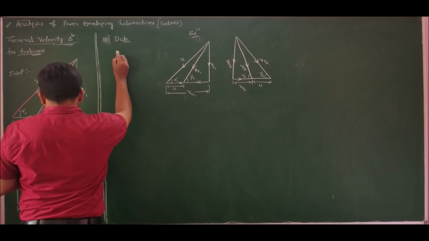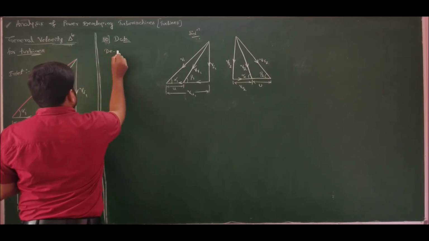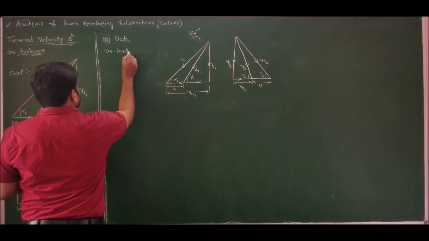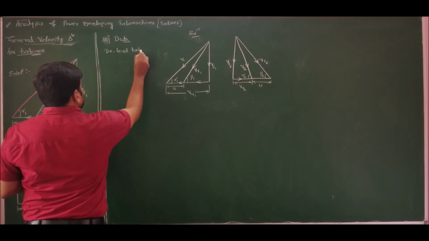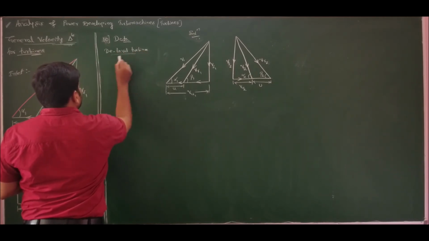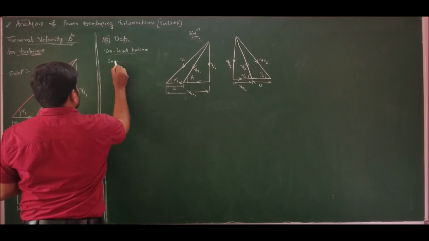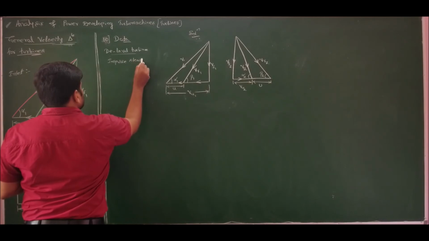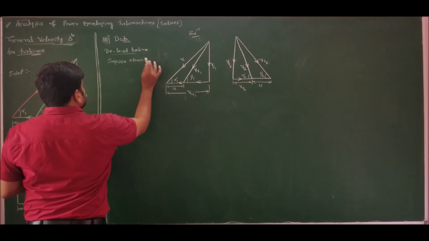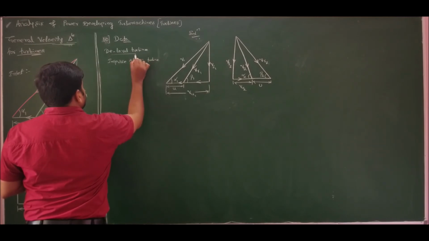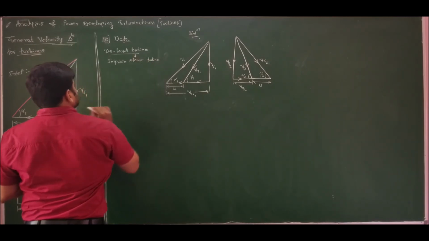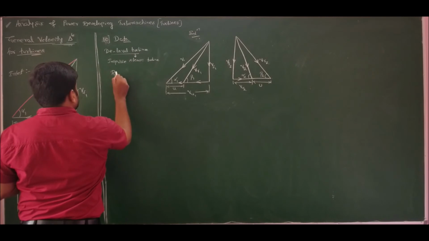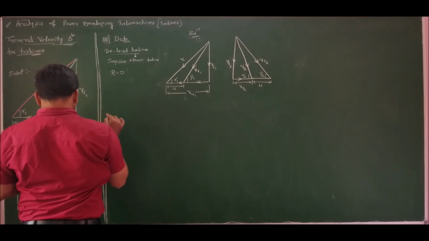We have steam emerging from a nozzle of a De Laval turbine. Since it is given as a De Laval turbine, we know that a De Laval turbine is an impulse steam turbine. De Laval is an example of an impulse steam turbine, so therefore R should be equal to 0.